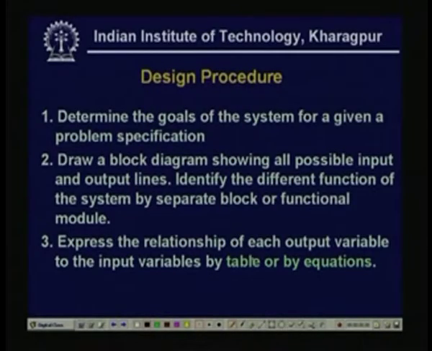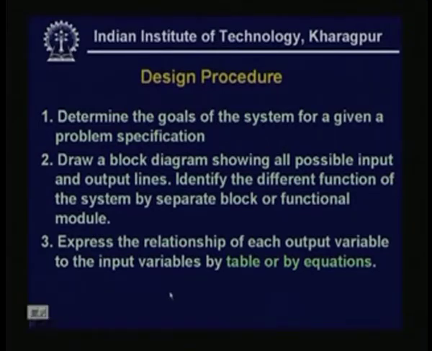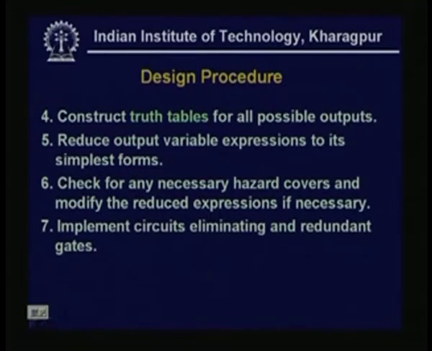So, we will now express the relationship of the output variable to the input variables. Then we will construct the truth tables for all possible outputs and reduce output variable expression to its simplest form. Already we have discussed how we can reduce that. So, using any one of the methods we can reduce that expression.